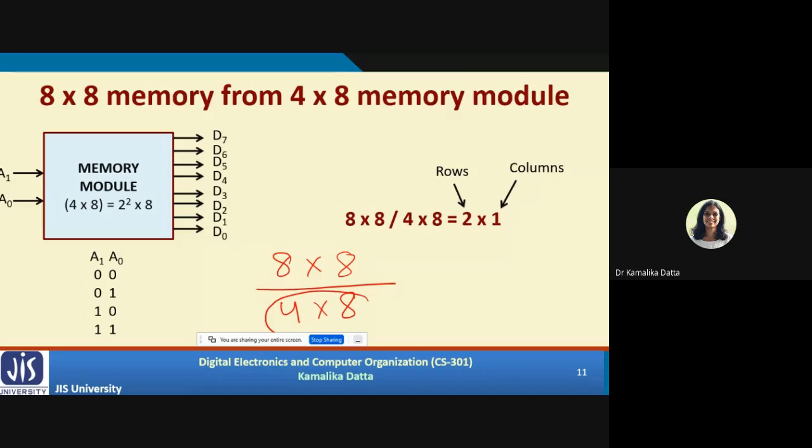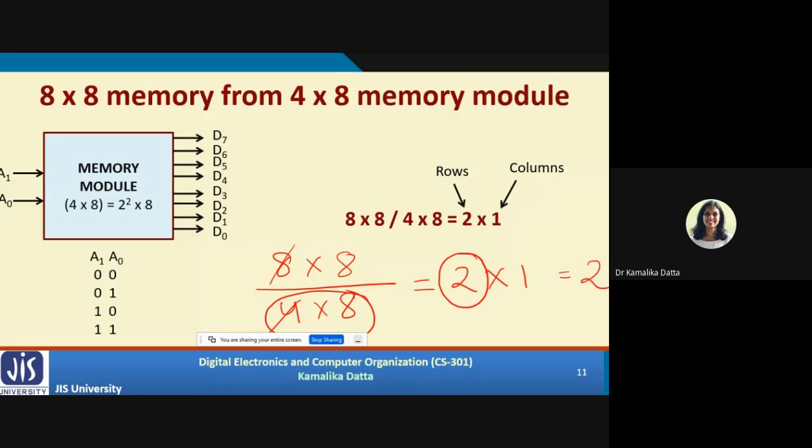So this is what you have. If you divide, what do you get? 8 by 4 is 2 and 8 by 8 is 1. You get 2x1. That means you need 2 such modules.